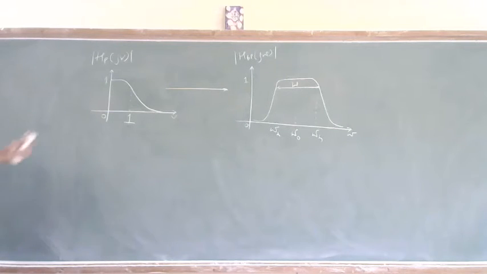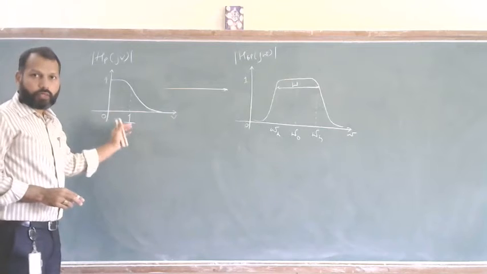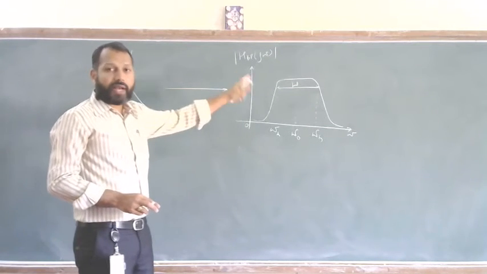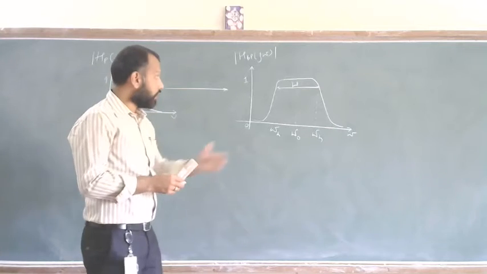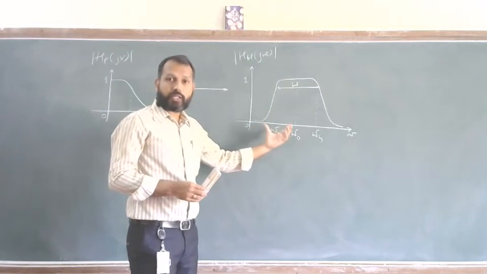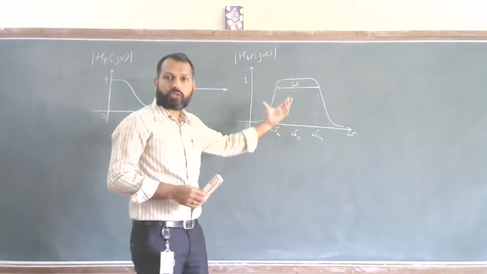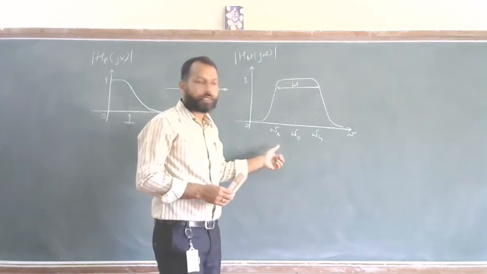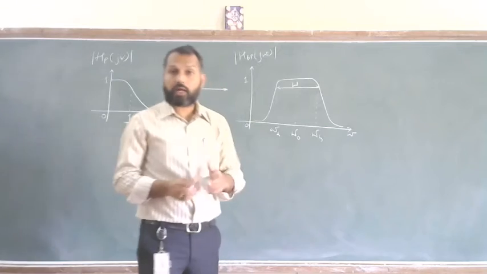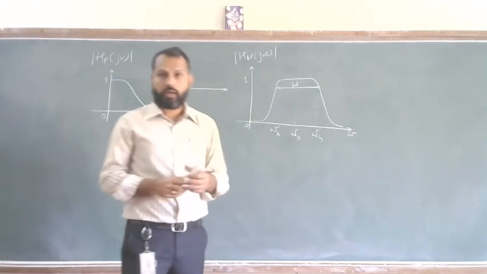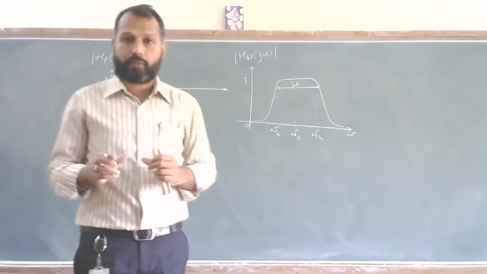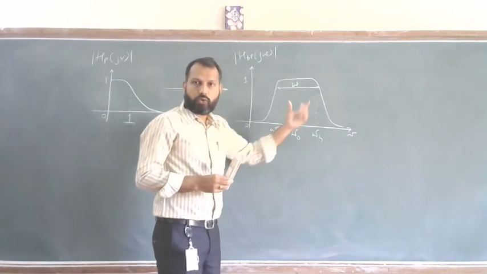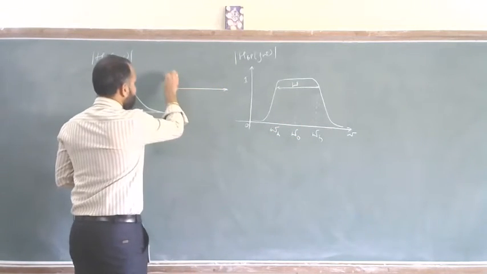Now, to convert this low pass prototype filter into a practical band pass filter whose magnitude response will be like this, where omega L is the lower cutoff frequency, omega H is the higher cutoff frequency, and omega 0 is the geometric center frequency of the bandwidth W, we need to use the transformation.